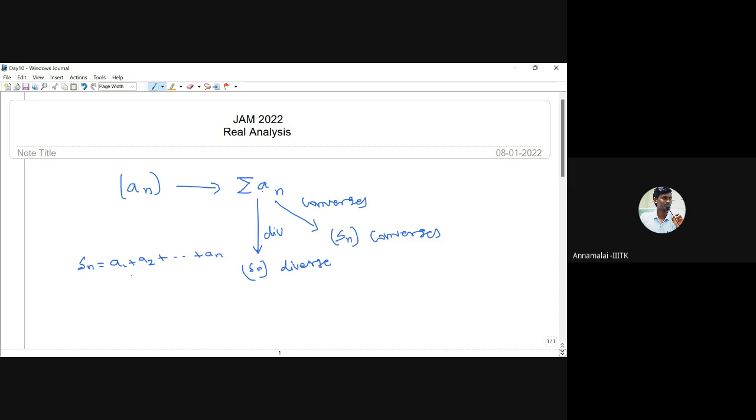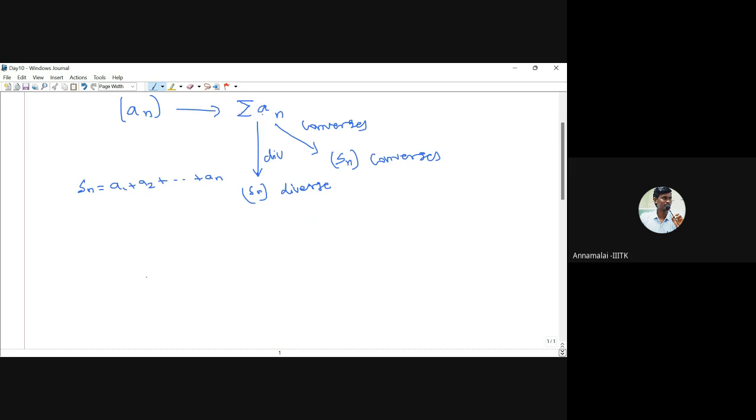If the sequence of partial sums converges, then the series converges. So it is enough to show the partial sum sequence converges. It is because Sn is always less than or equal to Sn plus 1, if all the An are positive, or greater than or equal to 0. Then this partial sum is an increasing sequence.